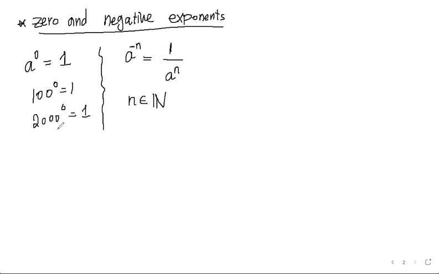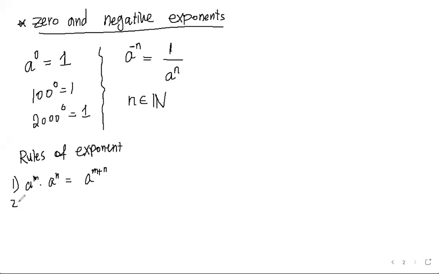Also, I gave last time the rules of exponent. I said a to the m times a to the n, we do the sum of the exponents because the bases are equal. Here the base is a, the exponents are m and n, so it gives me m plus n.